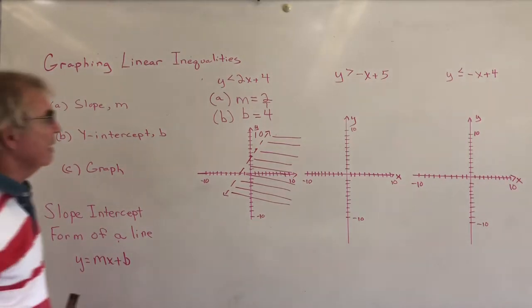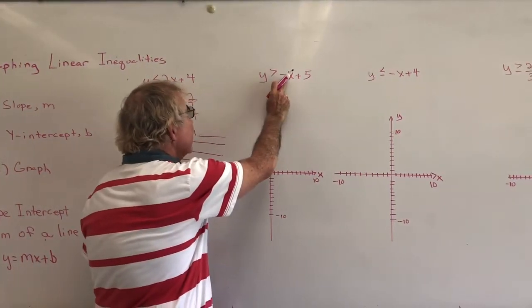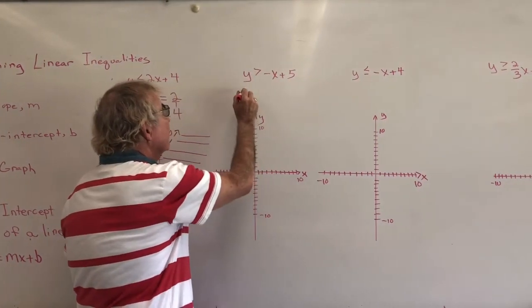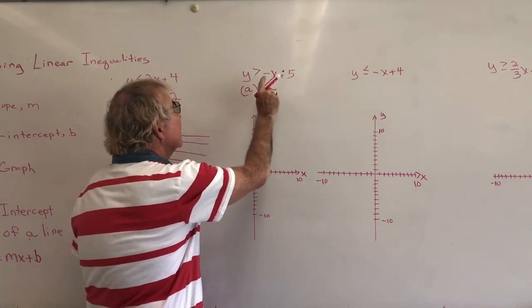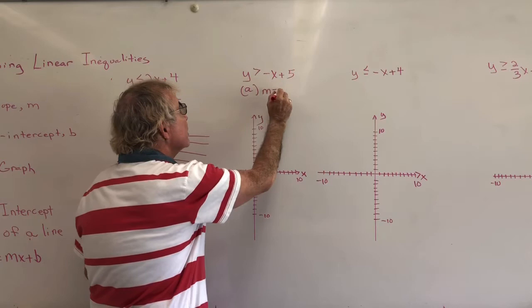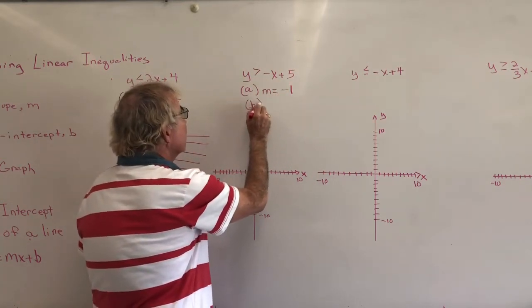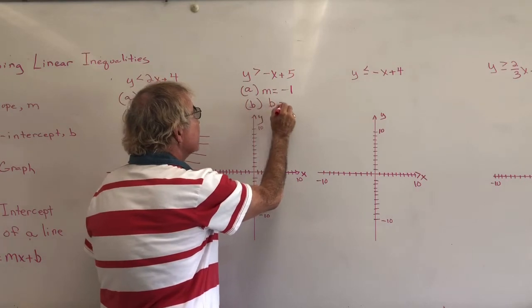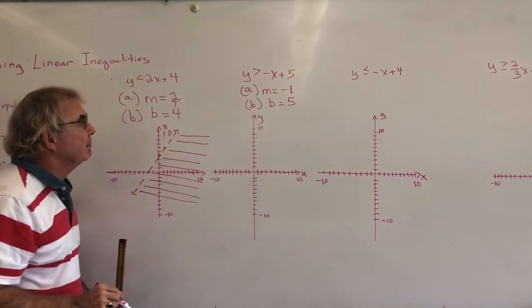Our second example is a takeoff of that. You have y is greater than negative x plus 5. So the slope is the coefficient in front of the x, which is negative 1, and your y-intercept b is 5. So now we're going to graph this one.